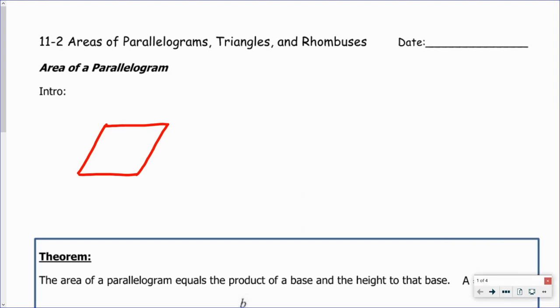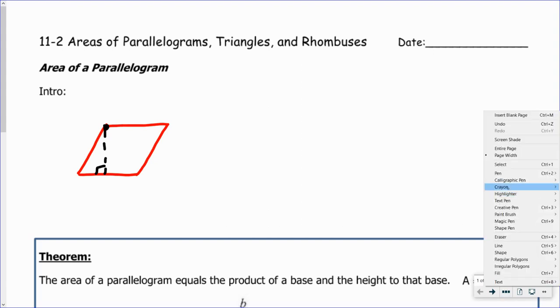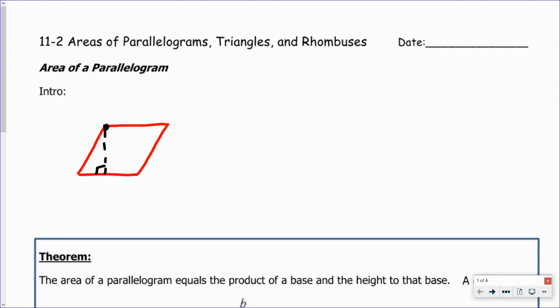So here's the trick that we're going to use. Basically, I'm going to pick this vertex that I've highlighted in black, and I'm going to drop in a perpendicular line. Now, what you should notice here is that I'll highlight this for you. We've created a right triangle.